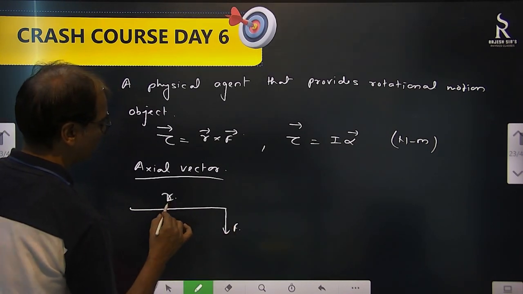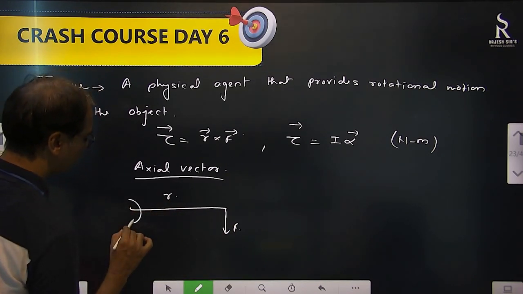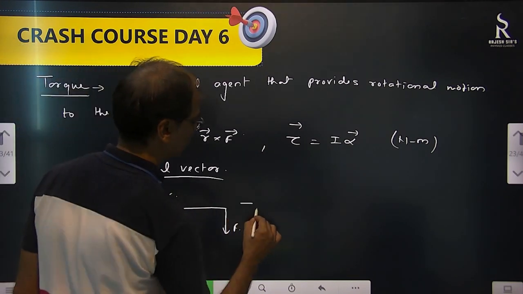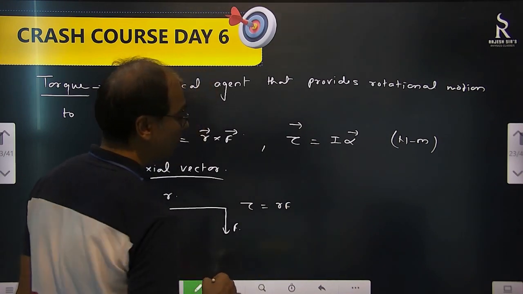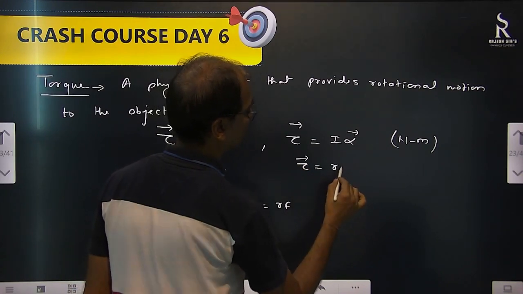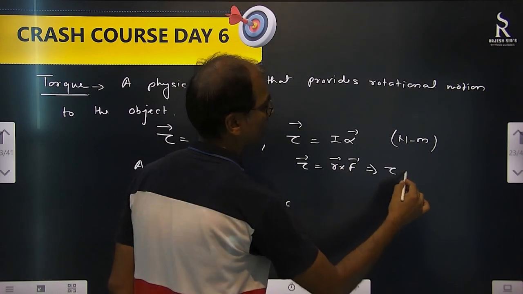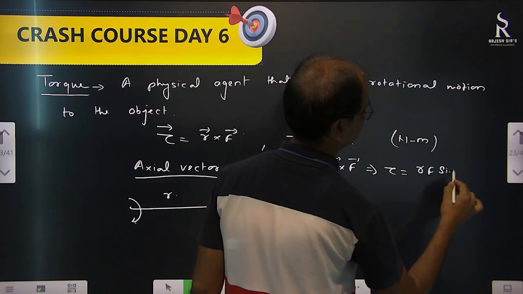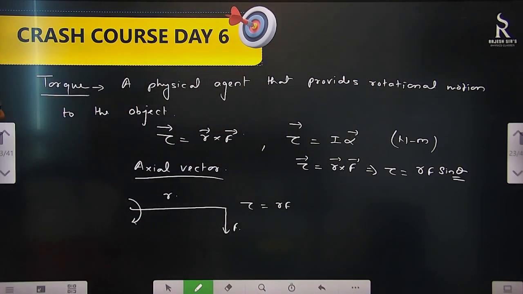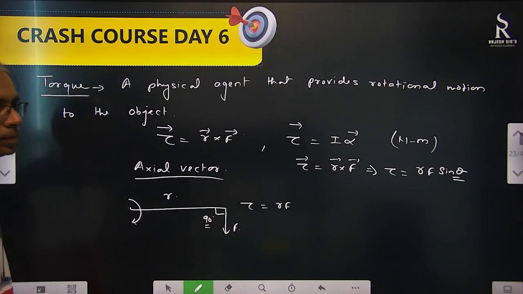This is R only, so that you can rotate it in this way. R cross F means R F sine theta. So torque is equal to R F sine theta. Here, what is the angle between R and F? It is 90. So torque is equal to R into F.